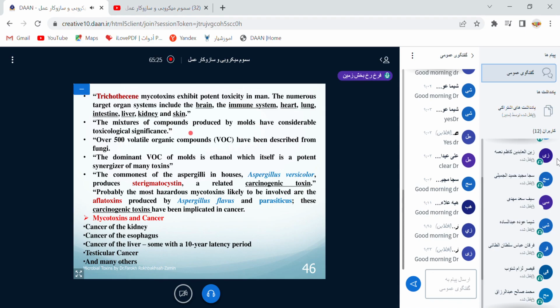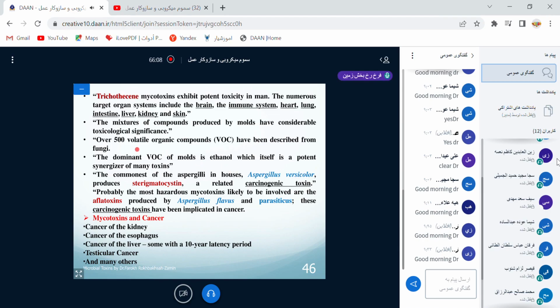The mixture of compounds produced by molds has considerable toxicological significance. I told you that this toxin is very important, and most fungi do not produce only one secondary metabolite. Sometimes they can produce a mixture of poisonous substances which synergistically can be effective on our body cells.